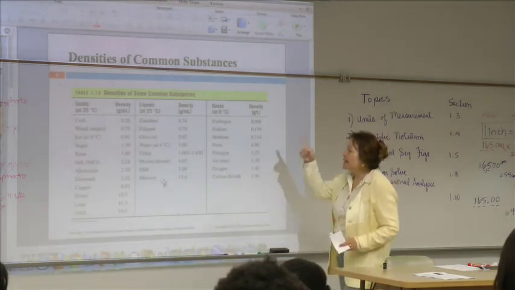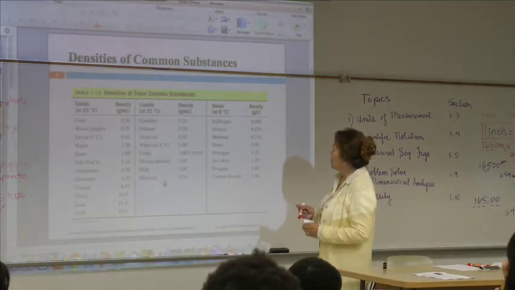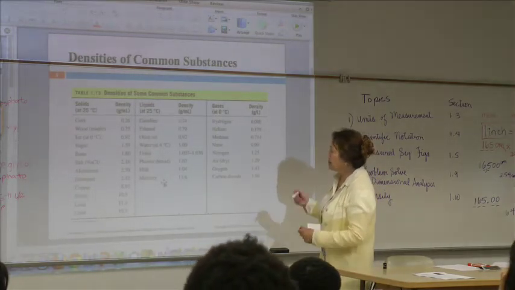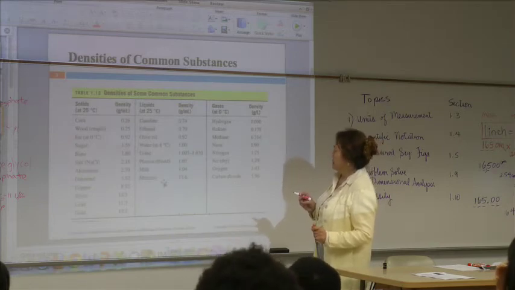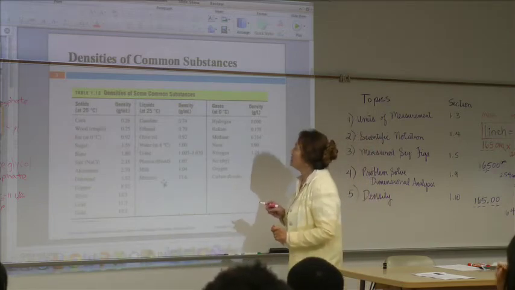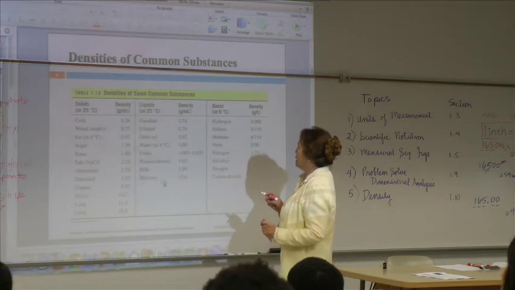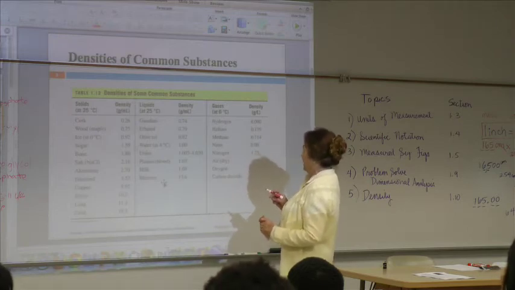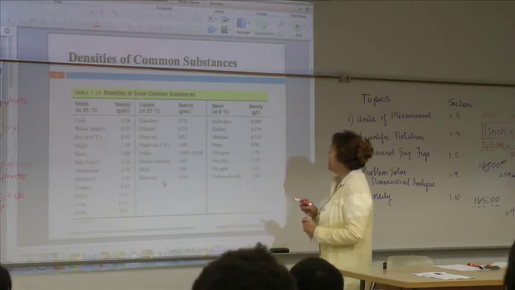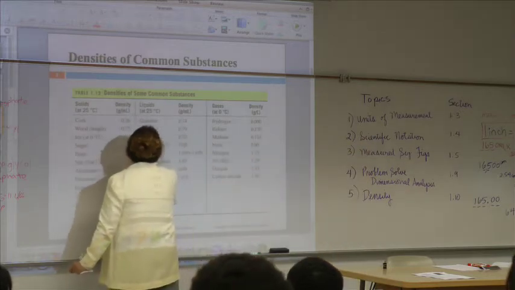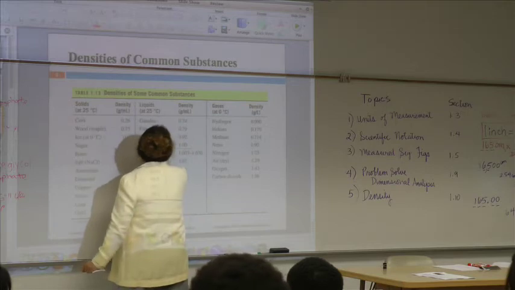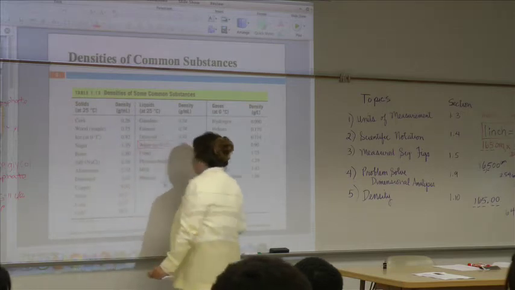Okay, but let's first take a look at water. Do we have water here? The second one, fourth down, the second column, middle of the middle, after olive oil. I see it. Yes, right?